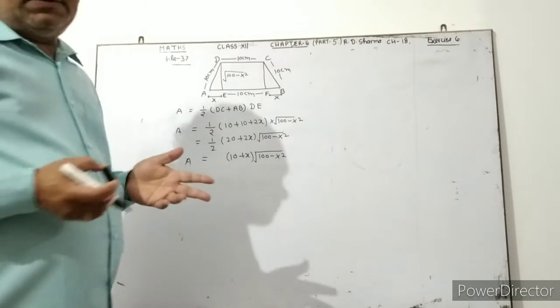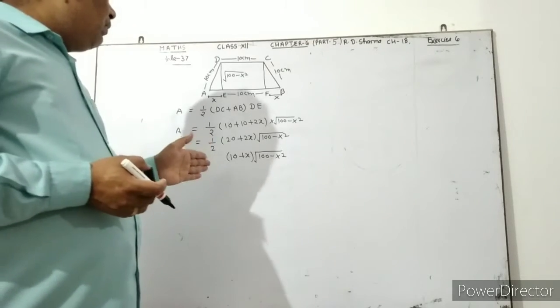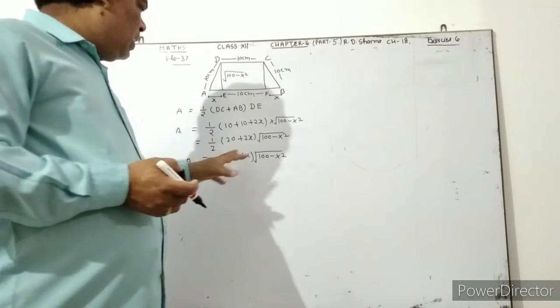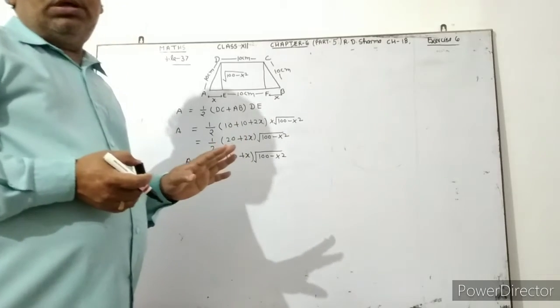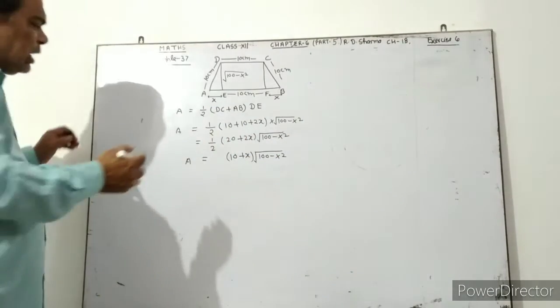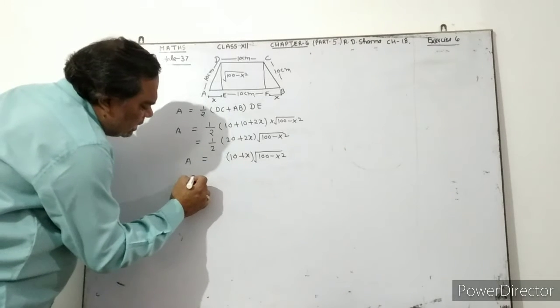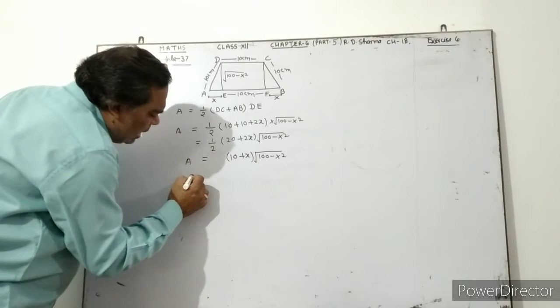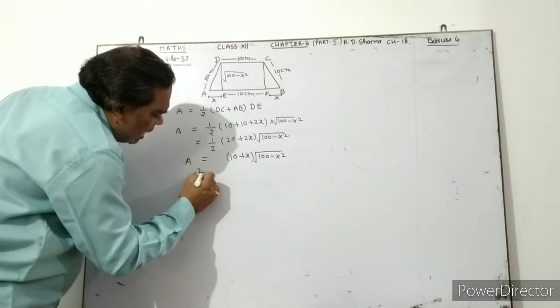Now differentiating. But when you differentiate, the equation is a root, so you square it on both sides. Then this is A square, and this is A square, squaring both sides.